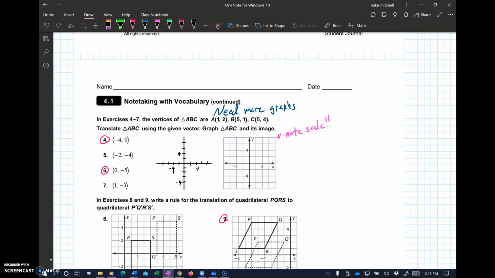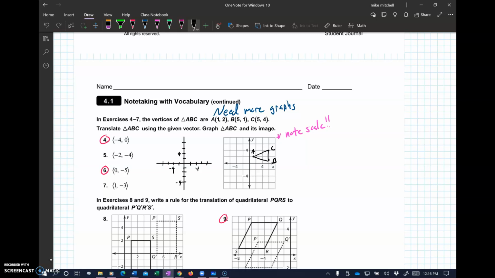So each block is 2, so those odd numbers like 5 and 1 aren't going to be on there. So if I do 1, 2, that would be A. 5, 1, that would be B. 5, 4, that would be C. And there's my little triangle.